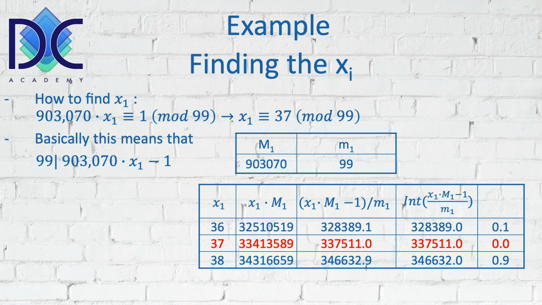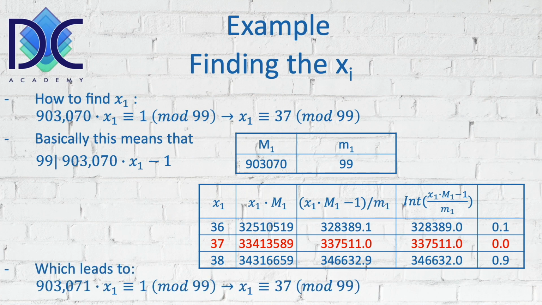So basically, the remainder is 0, which means that 99 divides 903,070 times 37 minus 1. And this is, in fact, the final result, that x1 is congruent with 37 modulus 99.